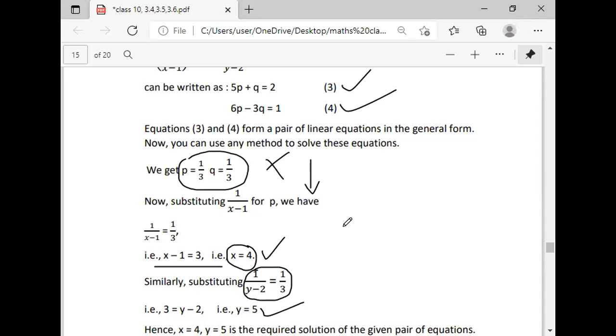Then the third unit is coordinate geometry. And one more thing, the unit algebra will have the highest weightage. It has got 10 marks. That is 25% of the total marks from the unit algebra alone. So give proper importance to the unit algebra.